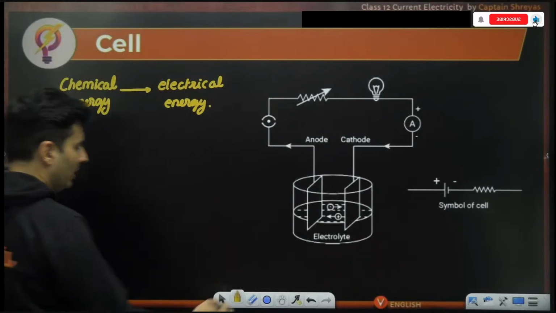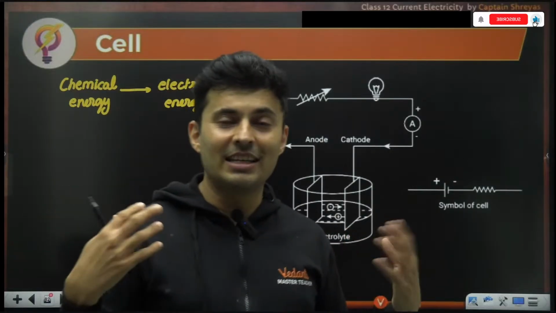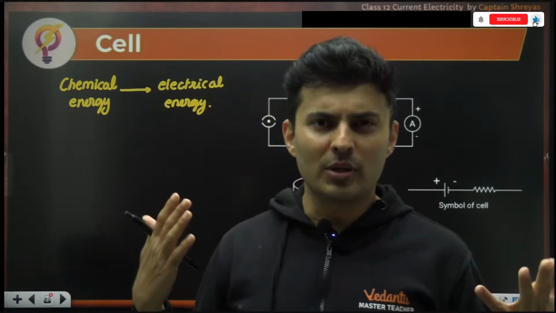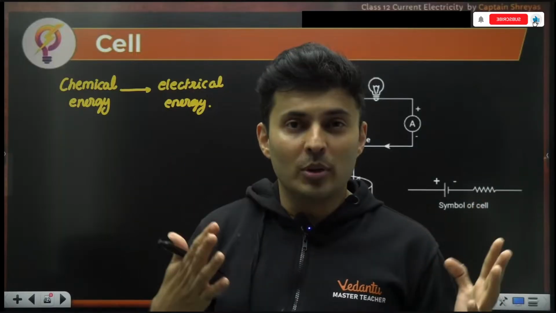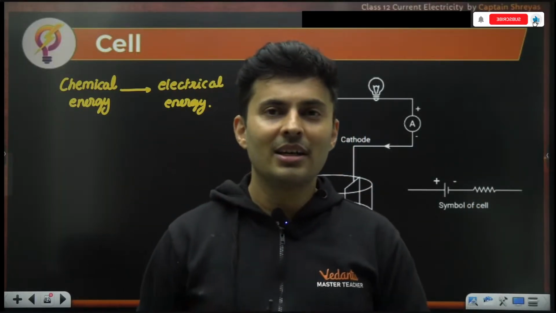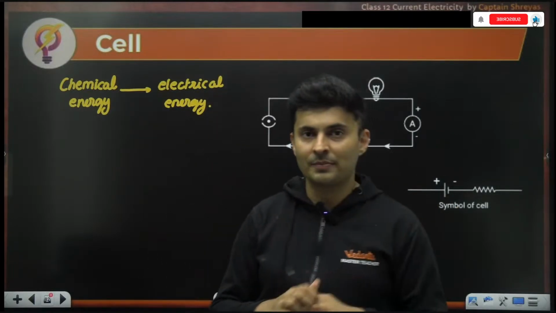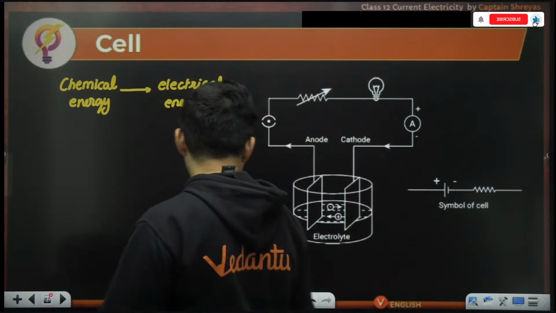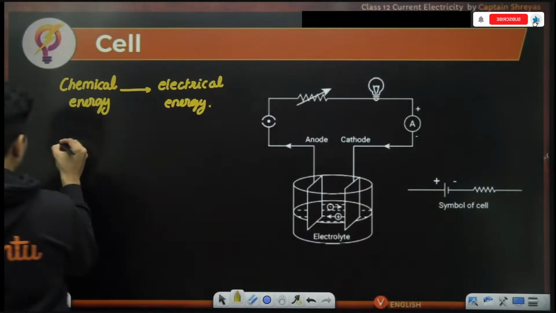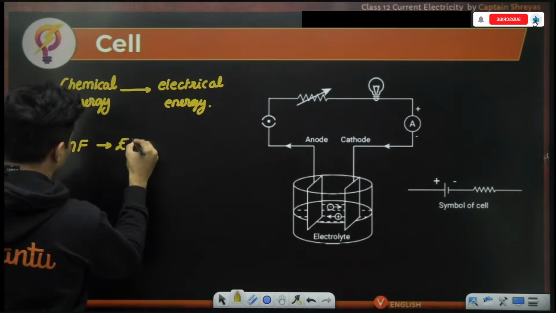We usually call the voltage which a battery supplies as the EMF, electromotive force. Now that name force might be very misleading because it's not exactly a force, and force is measured in Newton, but EMF is measured actually in volts. So don't get confused.